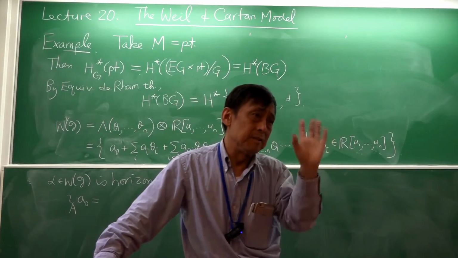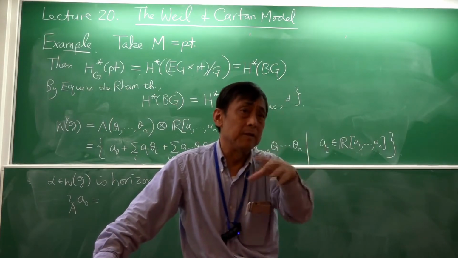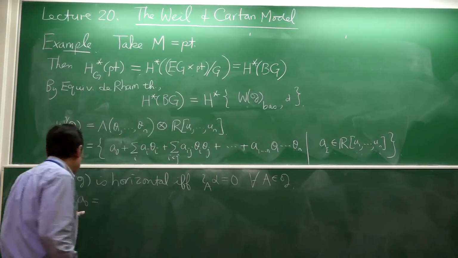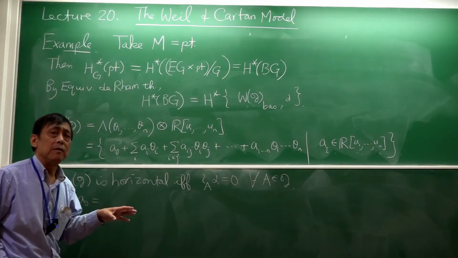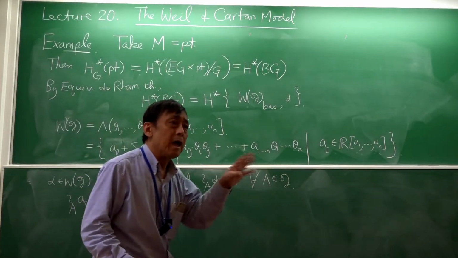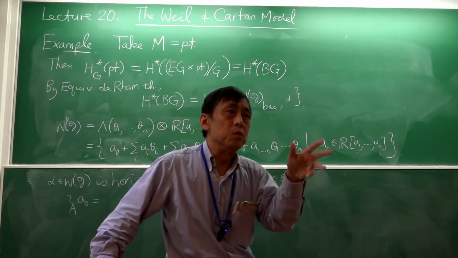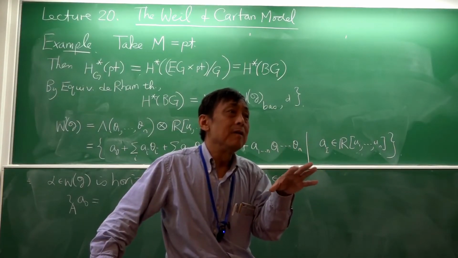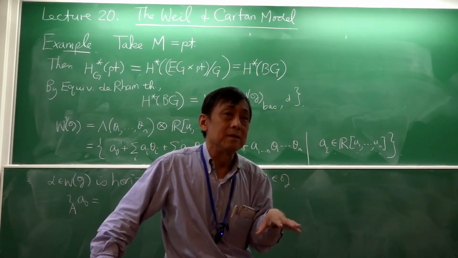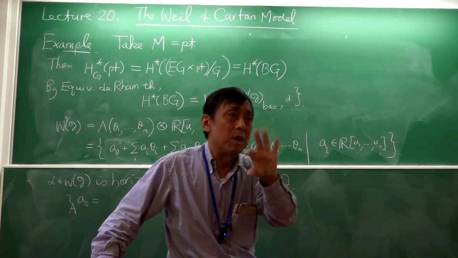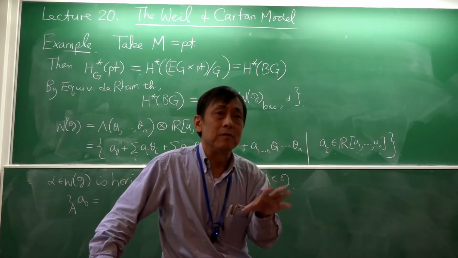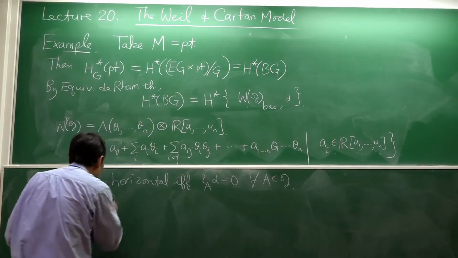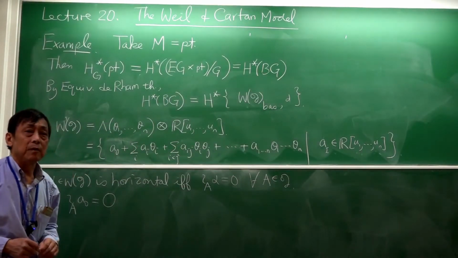A constant has degree 0, so IA of a constant has degree -1, so it's 0. And what's IA of U? Any U? 0, by definition. So IA of a monomial in the U's is also 0 because it's an antiderivation. Therefore, IA of A0 is 0.